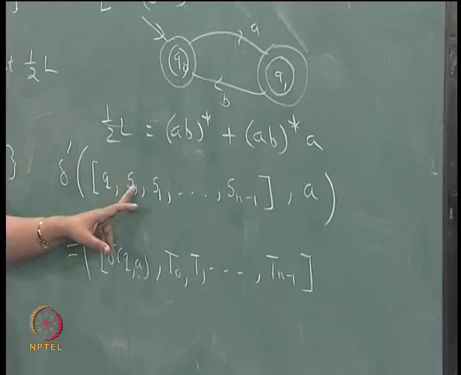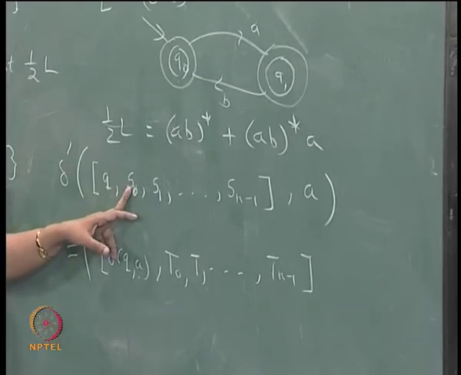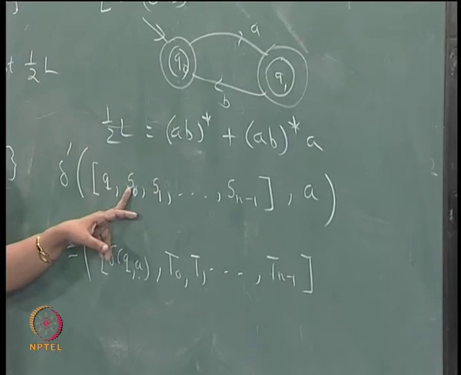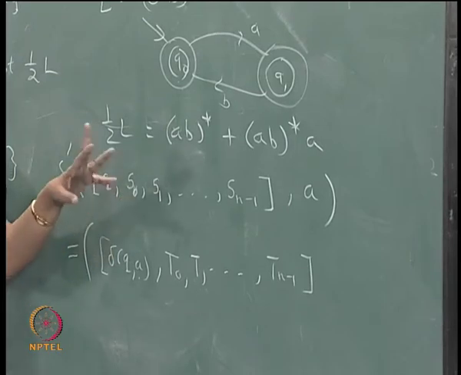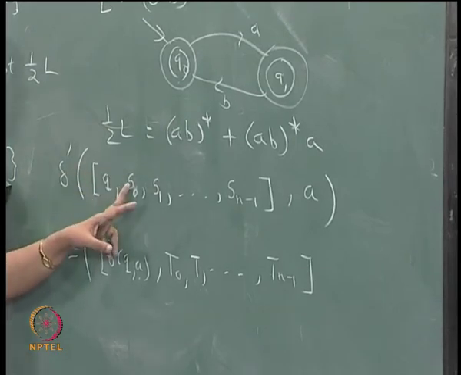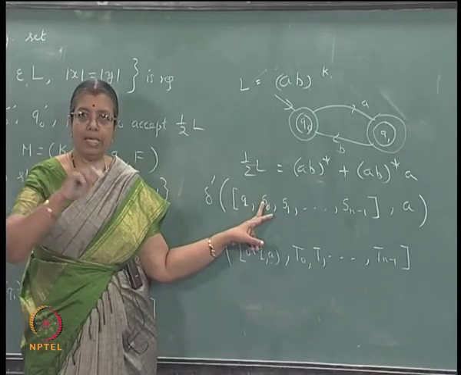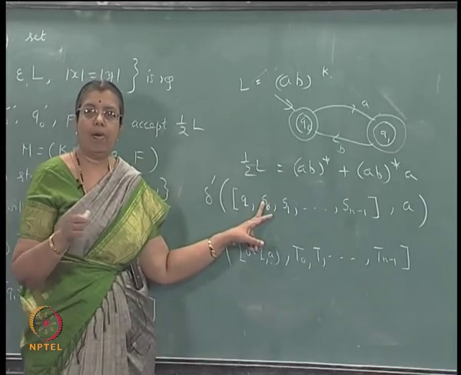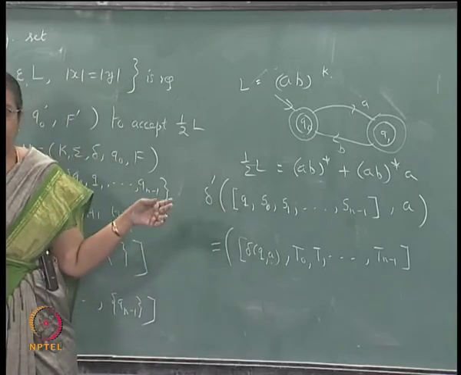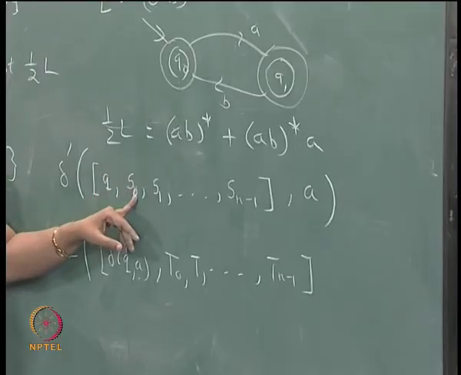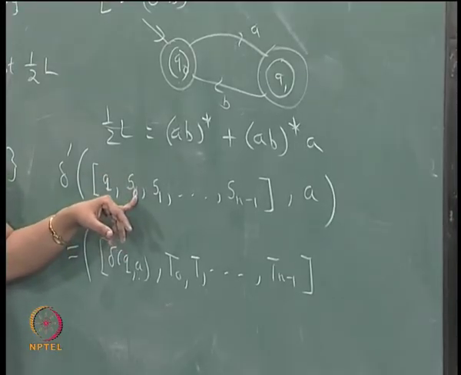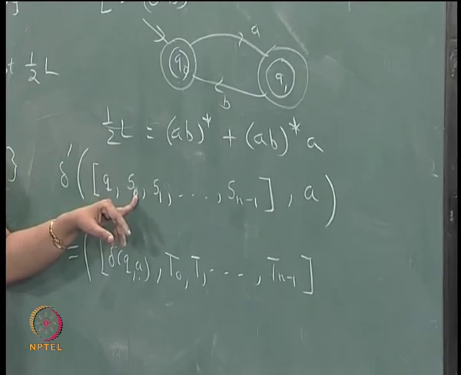From any one of the states in S naught, by reading any symbol, not necessarily A, by a single transition, what are the states to which you can go?